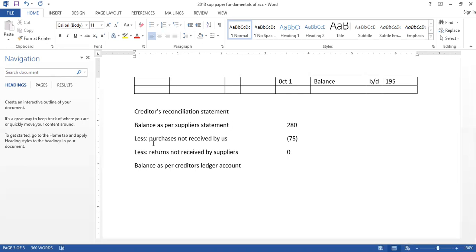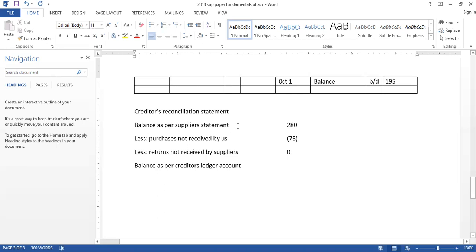So the discount does not fall under purchases not received, and it does not fall under returns not received. If such a transaction does not fit in either of those, it's just a discount that they forgot to record.